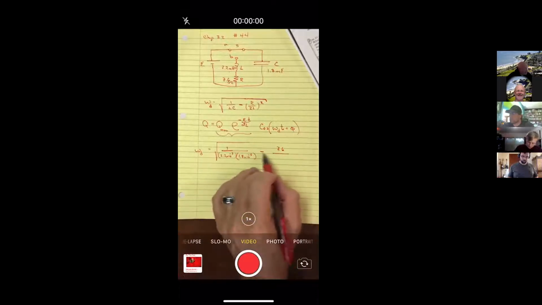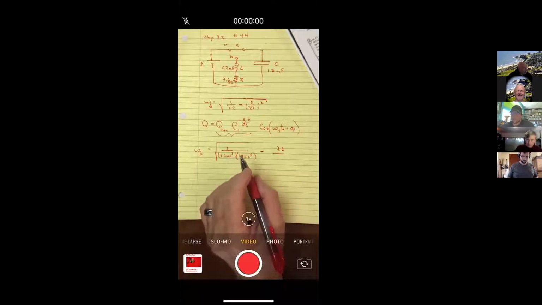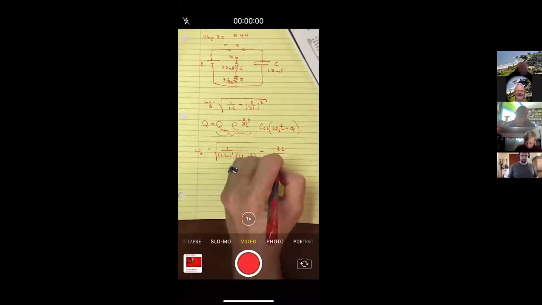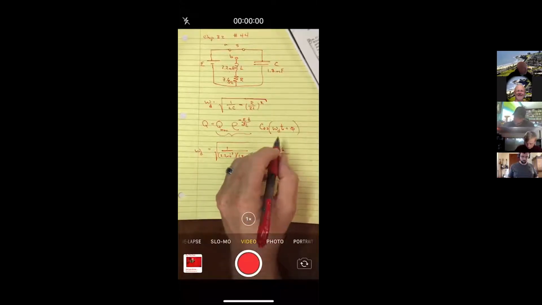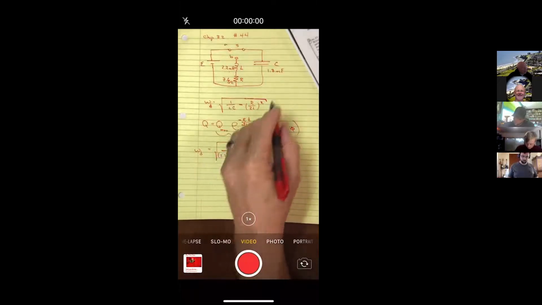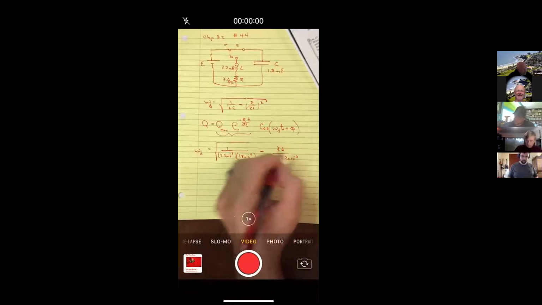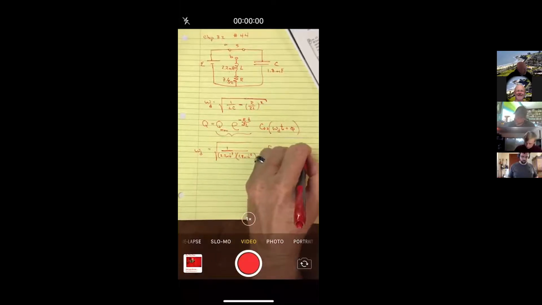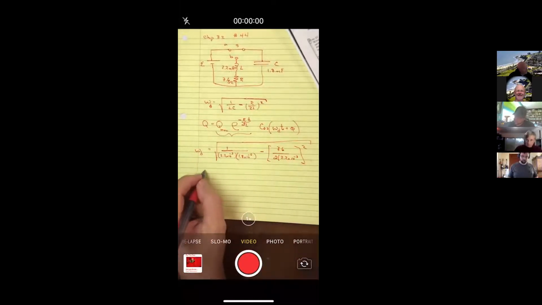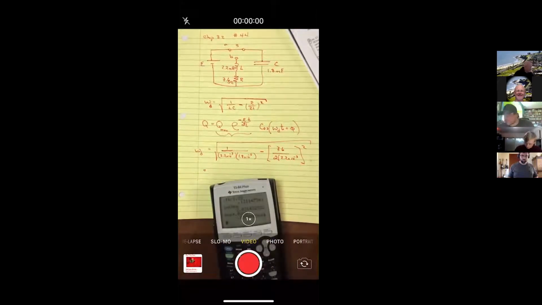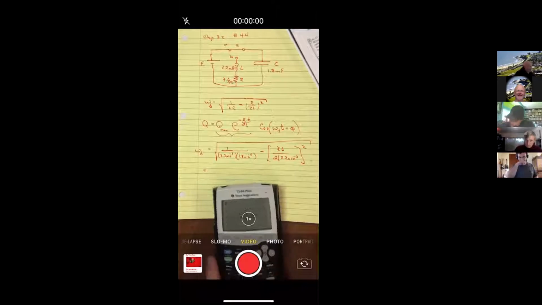So this is going to have probably a significant effect. Kind of curious to what it is. And then 2 times the inductance, which we said is 2.2 times 10 to the minus 3, and then we will square that.